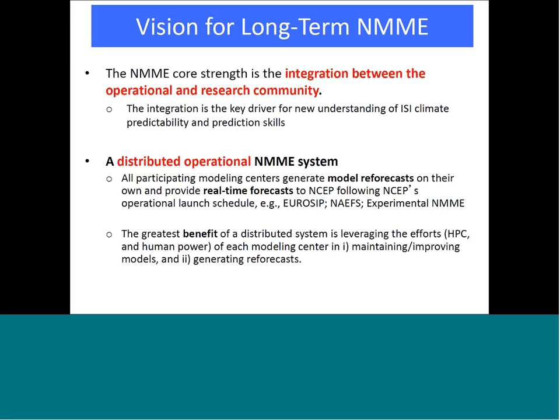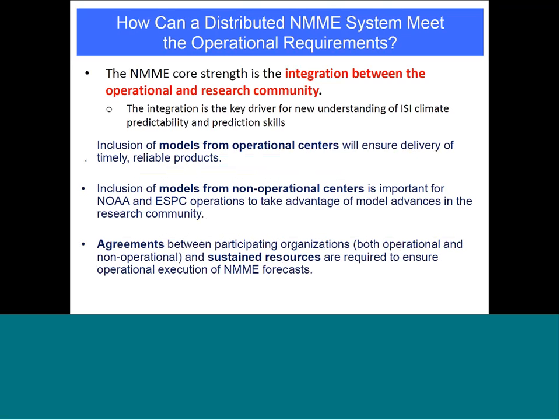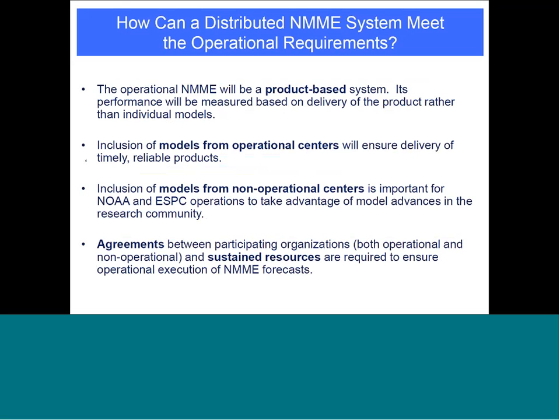I guess I'm out of time, right? Two minutes. Okay. The advantage of a distributed system is that we greatly leverage the effort from other modeling centers, with their computer time and human power to maintain and improve their models and to generate reforecasts. We have already considered how a distributed system works, which means NCEP doesn't import all the models in-house.